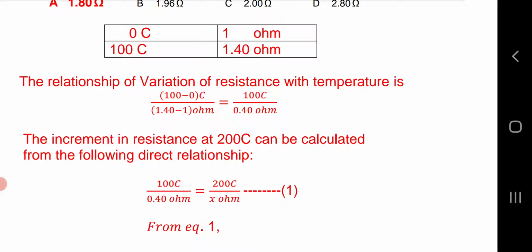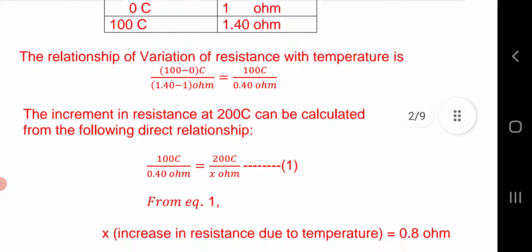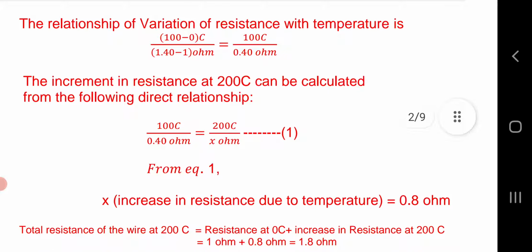As we have calculated earlier, 100 degrees Celsius over 0.40 ohm should be equal to 200 degrees Celsius over x ohm. And from equation number 1, we can find the value of x, and x is 0.8 ohm. And x is the increase in resistance due to temperature.